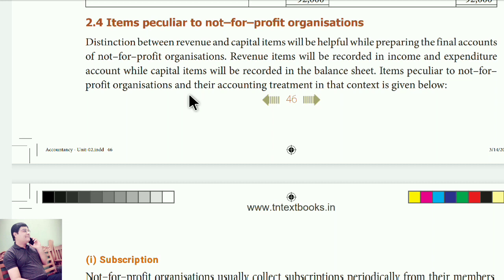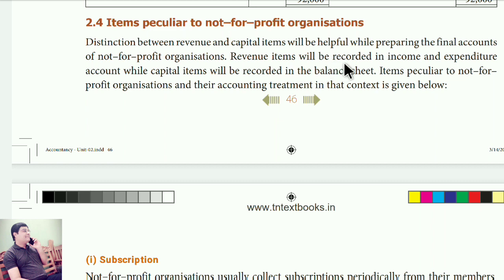So now we are going to discuss each and every item which is going to become part of the income and expenditure account, which is very important for NPO. Now see the items peculiar to not for profit organization, meaning NPO. Distinction between revenue and capital items will be helpful while preparing the final account of a not for profit organization.